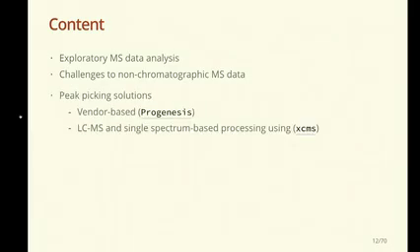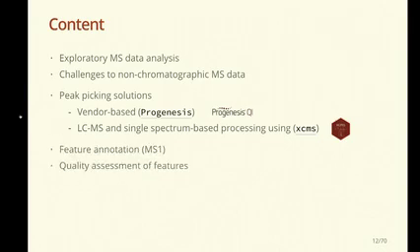Discuss some peak picking solutions, both vendor-based. I'll focus then on Progenesis for the data acquired with Waters instruments, such as, for example, the REIMS, and then some options in XCMS, so in R, to process there, as we have a bit more control over the different options in the peak picking steps.